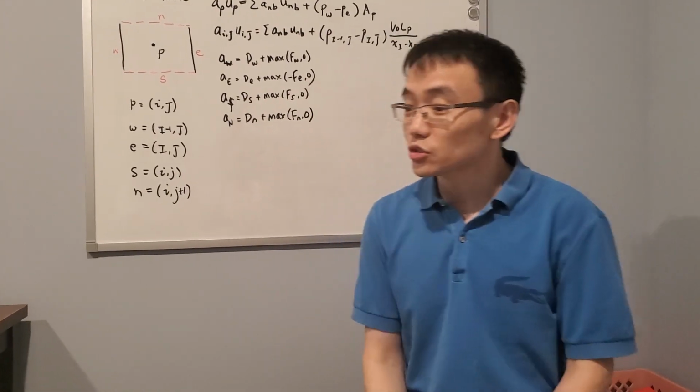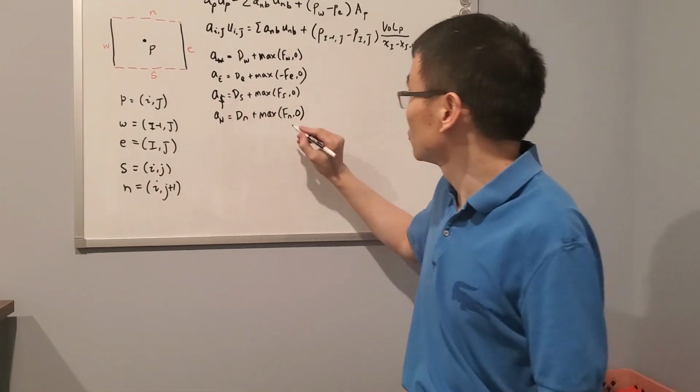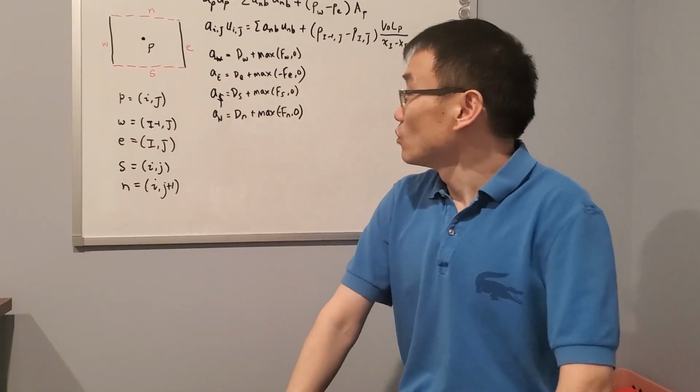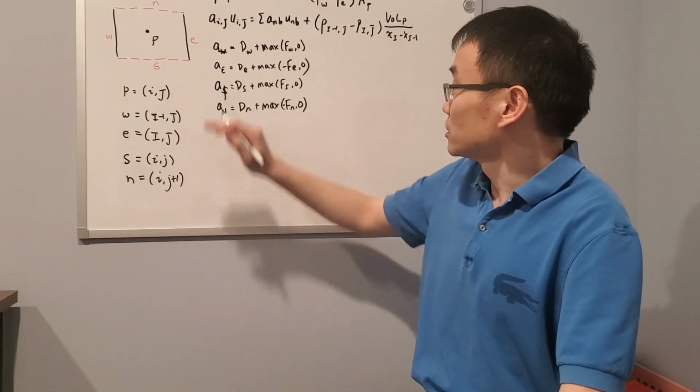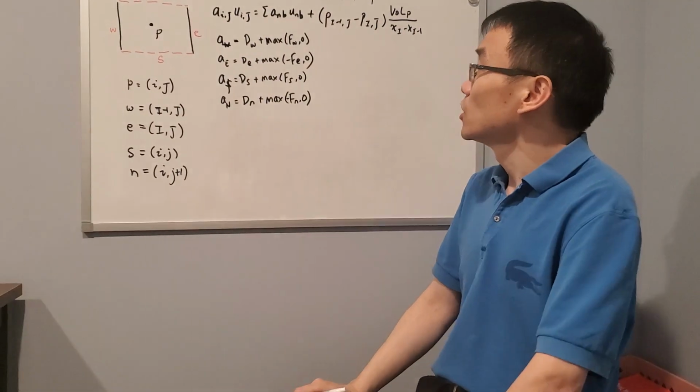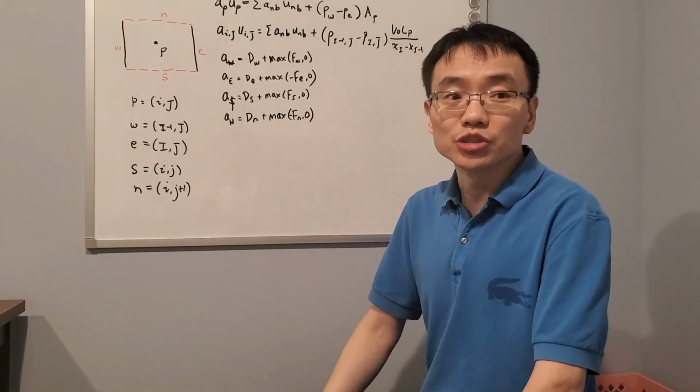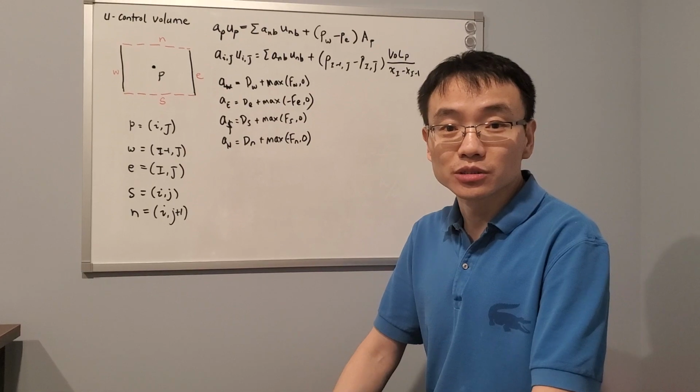Here we will have a negative sign. Once we are able to write the neighboring coefficients in this form, we need to compute D and F terms.